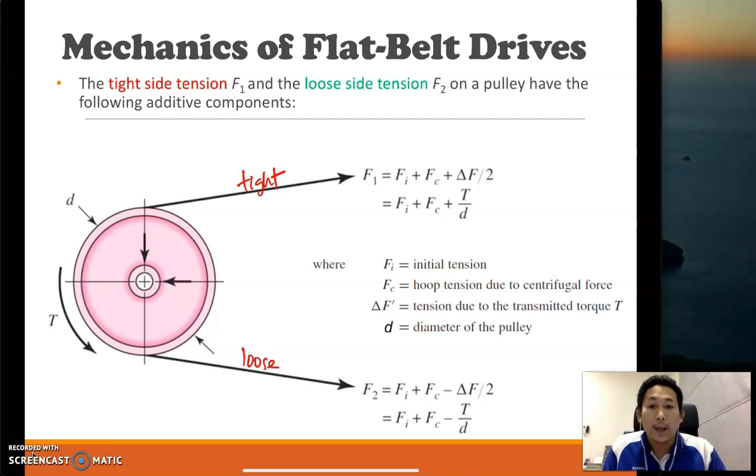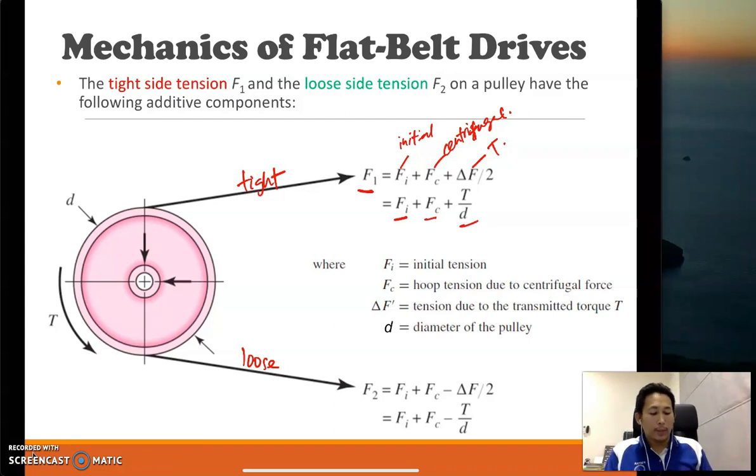F1 is the tight side tension, made of Fi, the initial tension, Fc, the centrifugal tension, and delta F, the transmitted torque term, T over D, where D is the diameter of the pulley.